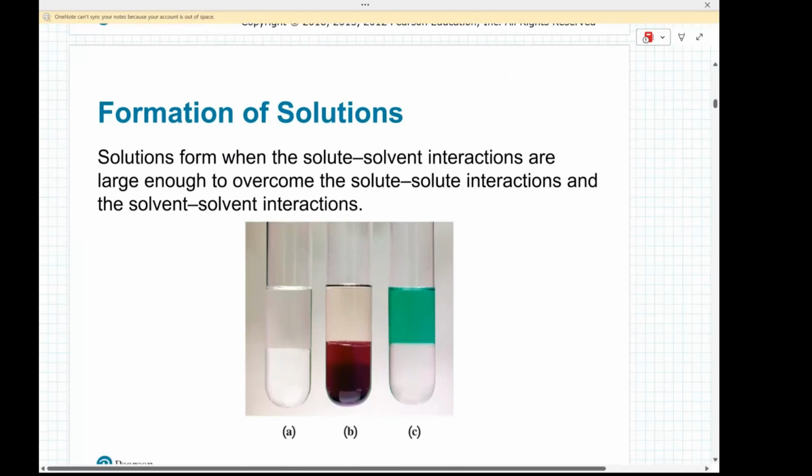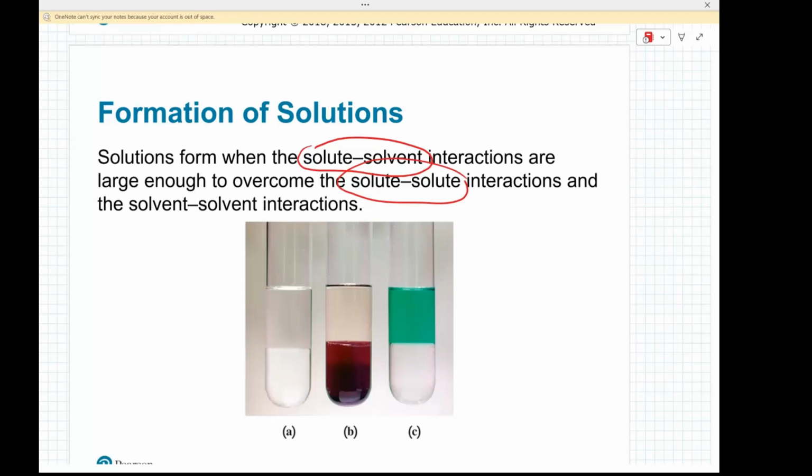So, why do compounds get dissolved? The molecules or ions within the solute interact with each other. Do you agree with me? Okay? If the interaction between the solute and the solvent is energetically preferable, then there's going to be a dissolution.